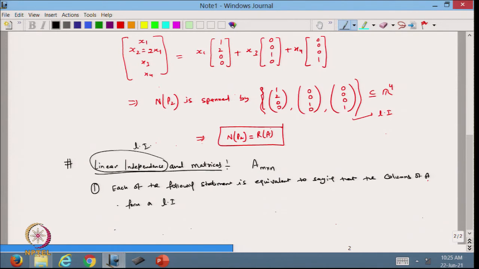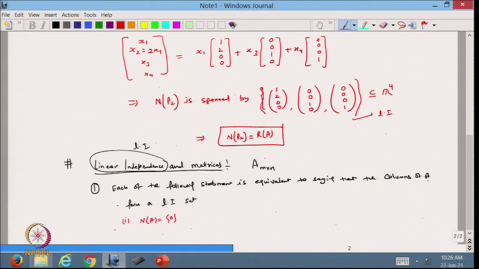So, linearly independent set if the null space of A contains only the 0 element.